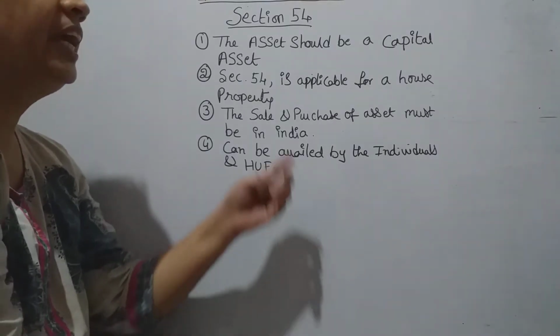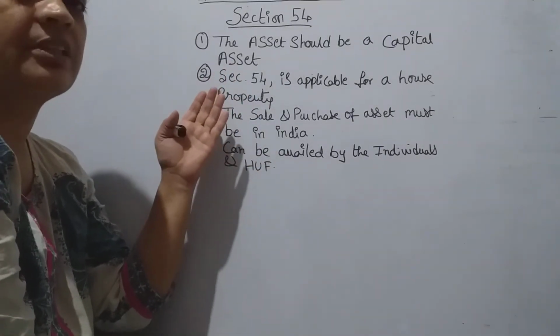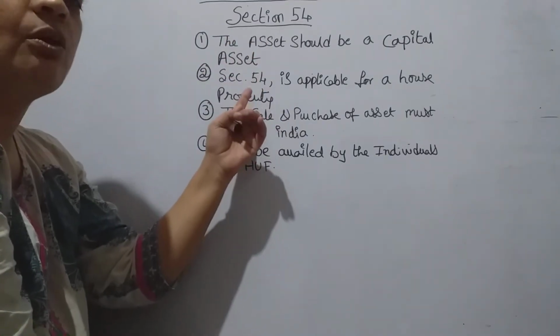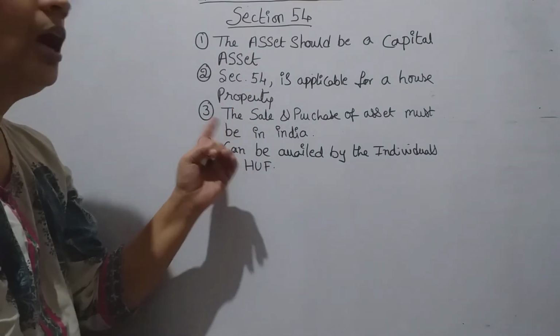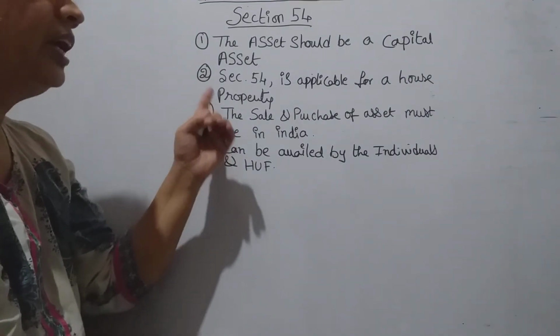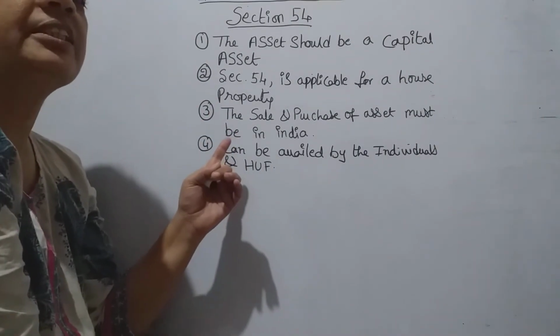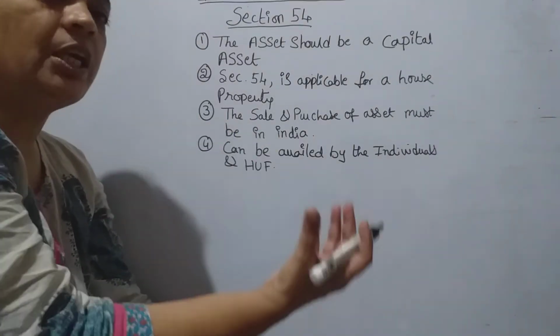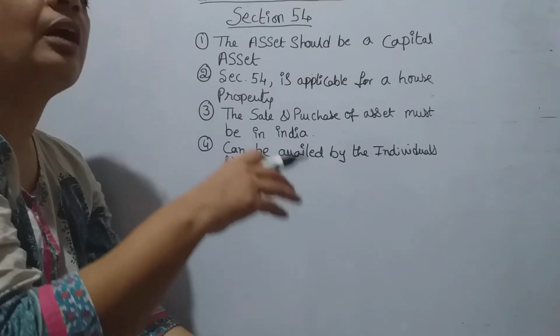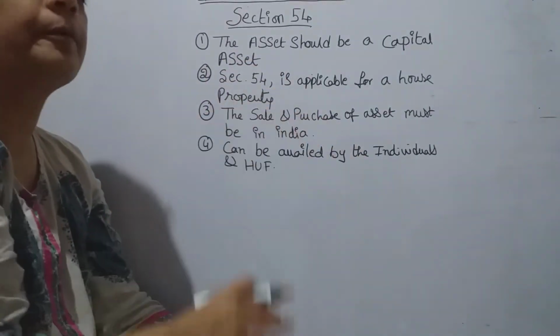To attract exemption under this section, it must be a capital asset first, and this section is available only for house property. The next condition is you should purchase or sell the house property in India.